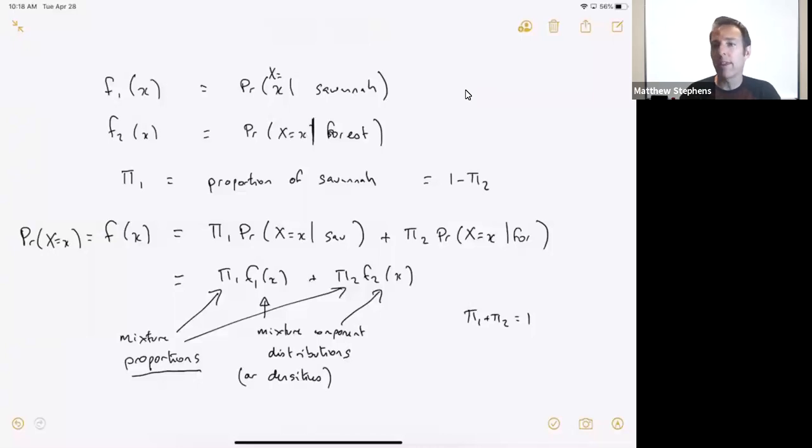We looked at another example where we had diseased individuals and normal individuals, and the level of protein in the blood was a gamma distribution for each, but with different parameters.